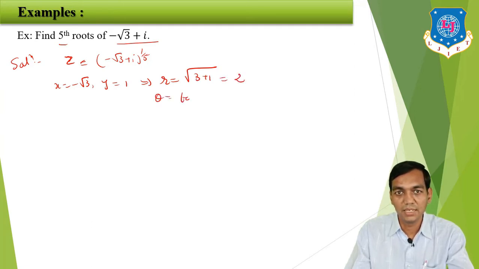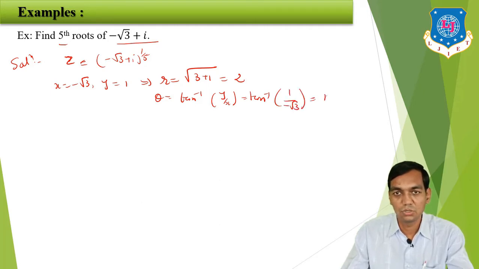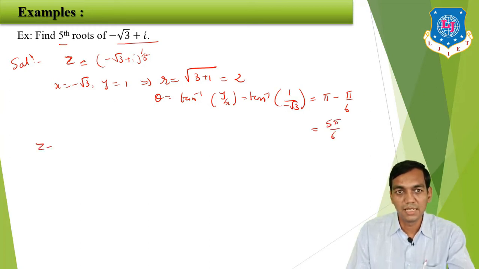Theta is equal to tan inverse of y by x, that is tan inverse of 1 upon minus root 3. Again, second quadrant, so pi minus tan inverse of 1 by root 3, that is pi by 6, and that will give you 5 pi by 6. Done. So z is equal to 2 into (cos 5 pi by 6 plus i sin 5 pi by 6).